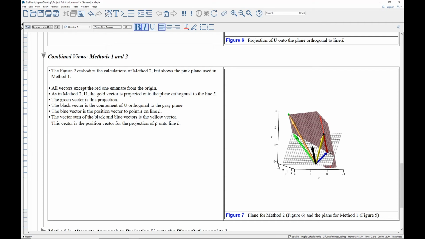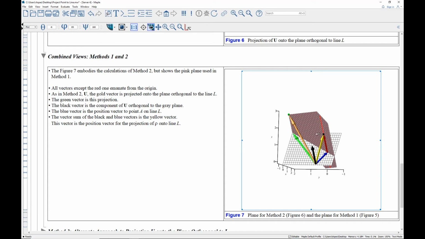This is the position vector to the point A, fixed point on the line. The yellow vector is the sum of the black and the blue. This is the plane onto which we've had the vector W here to here. I didn't draw that, but the glimpse of these two planes I found useful.